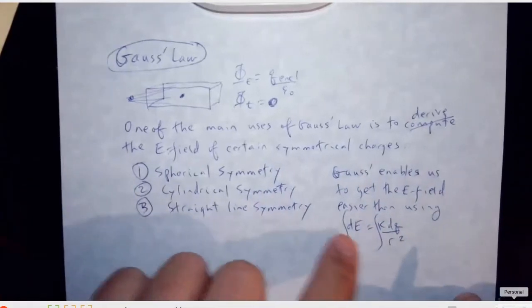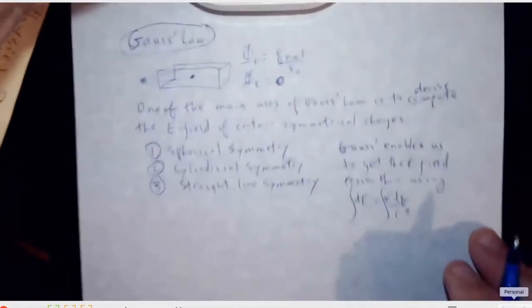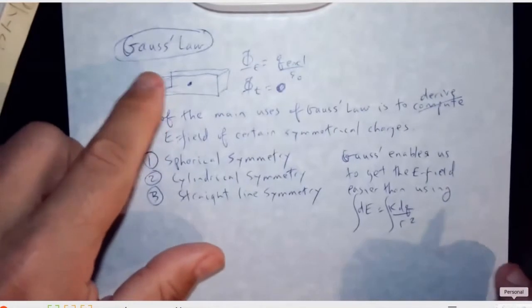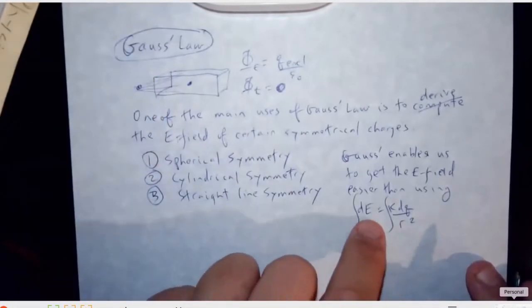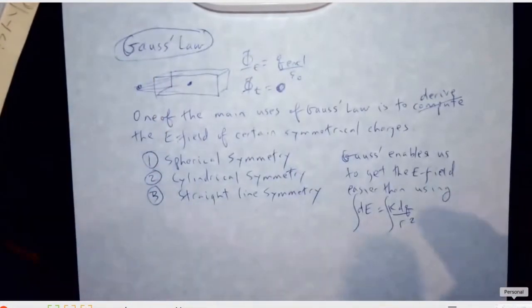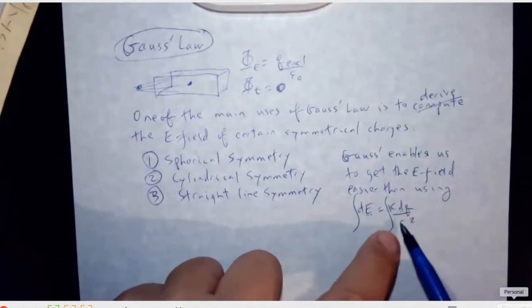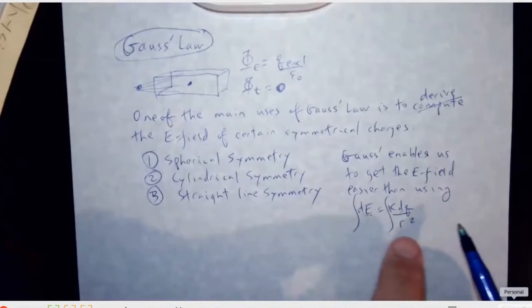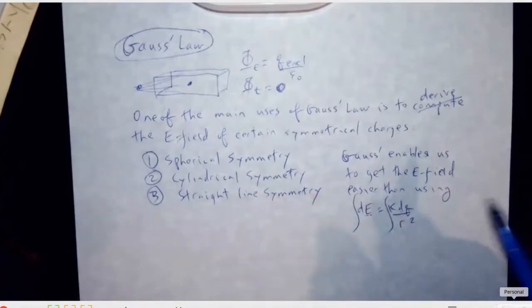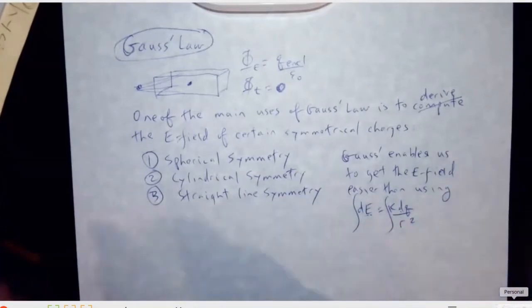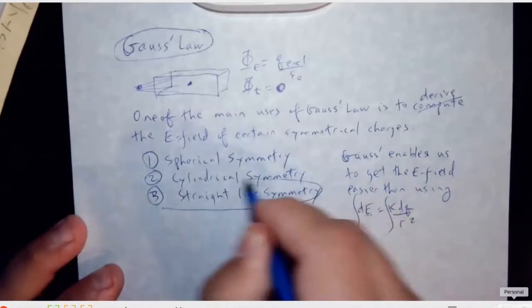This is the method that we did in the previous chapter, where we found the electric fields of rods, rings, plates. You take pieces and integrate them until you find the electric field of that shape. So we can start with the straight line symmetry.